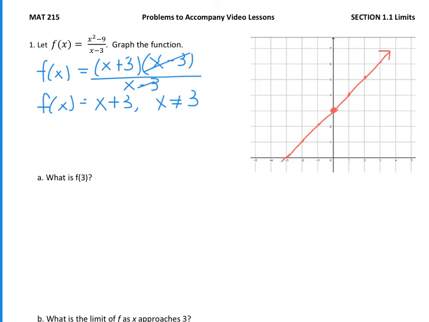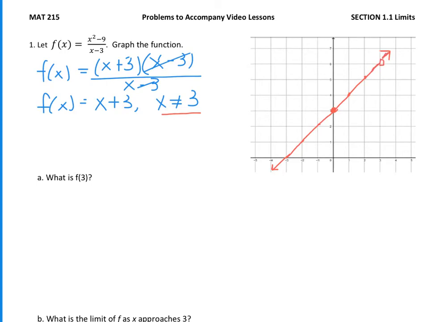And there's our line. Now, what about the condition x is not equal to 3? So that means at 3 we need to put a hole there. Okay, so there's our graph.